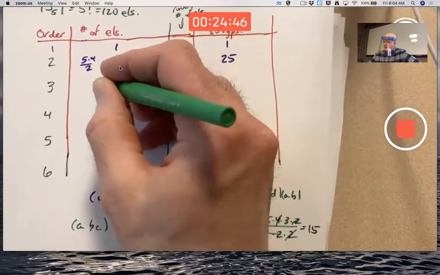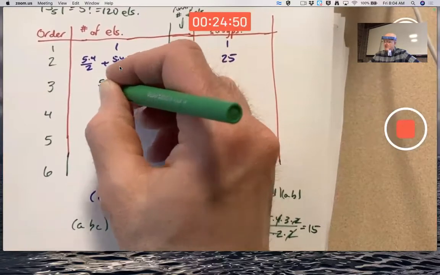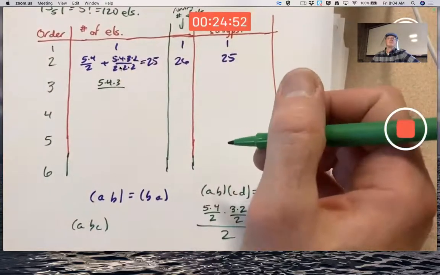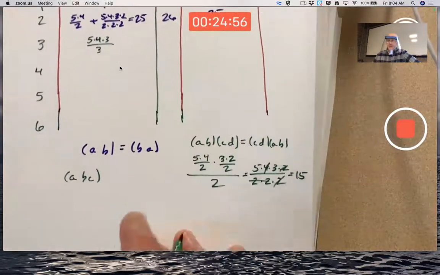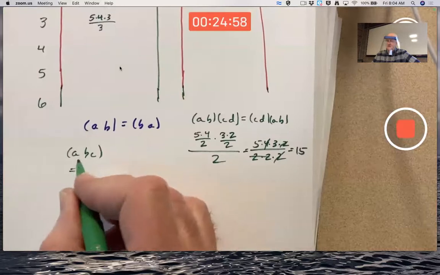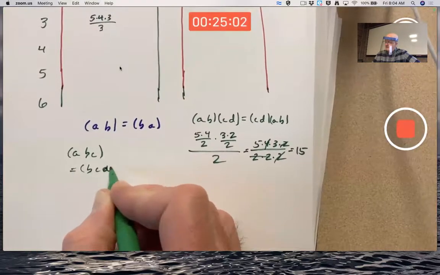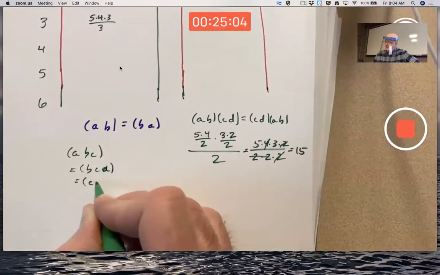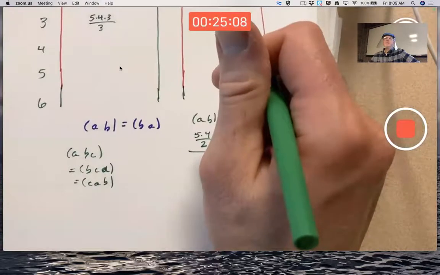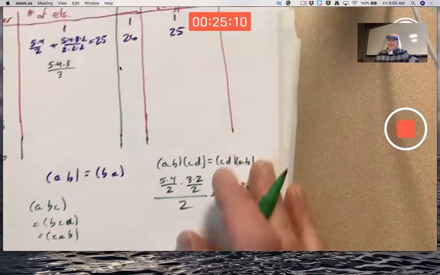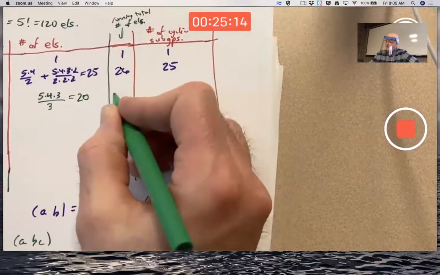So you've got 5 choices for A, 4 for B, 3 for C, then divide this by what? 3, not 2. Because each such 3-cycle can be written in 3 different ways. Altogether giving you 20 elements of order 3, so we're up to 46 elements.